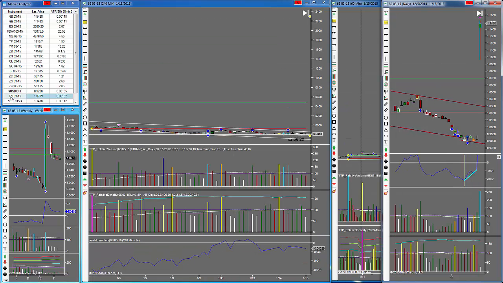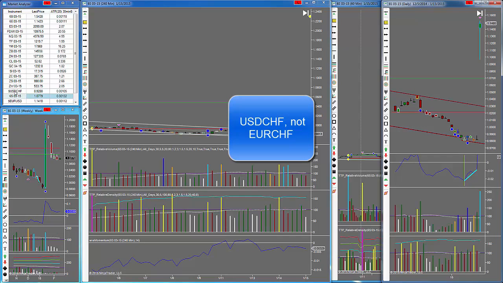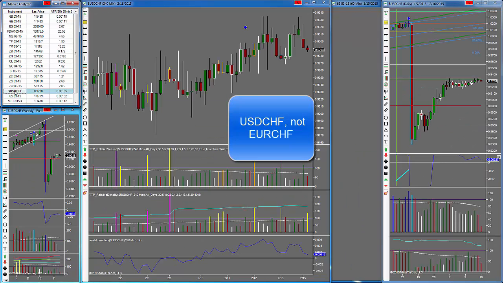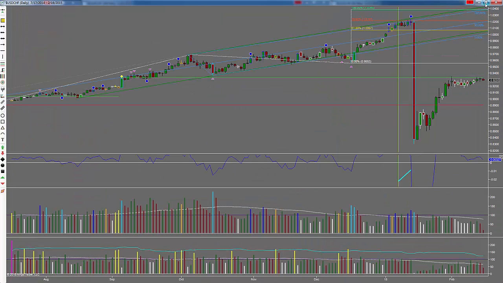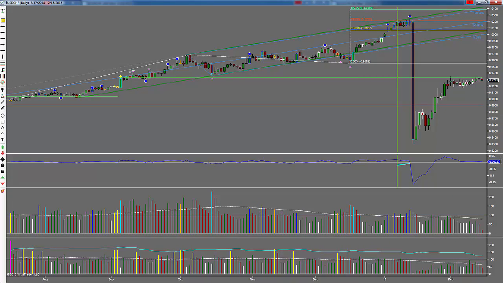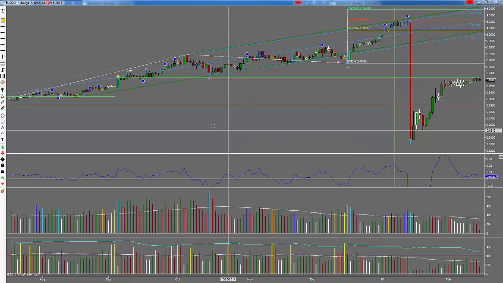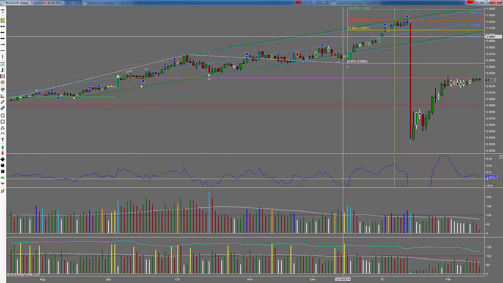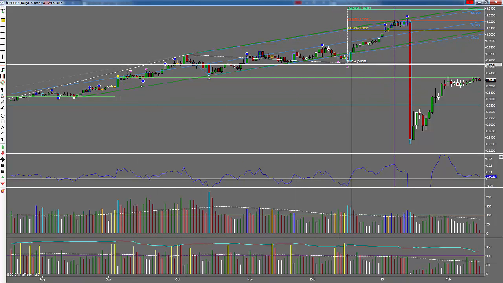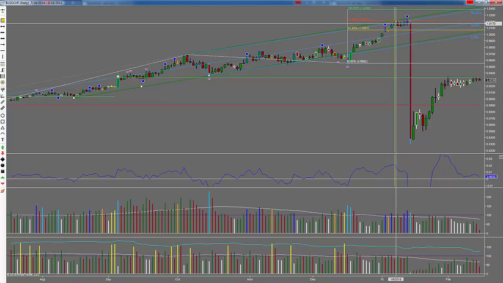Now, if I show the EUR CHF, we get the reverse look to this, so this is up at the high. Then you can see we have an uptrend channel as well, and we kind of went through it here, but then we came right to the top of the channel.